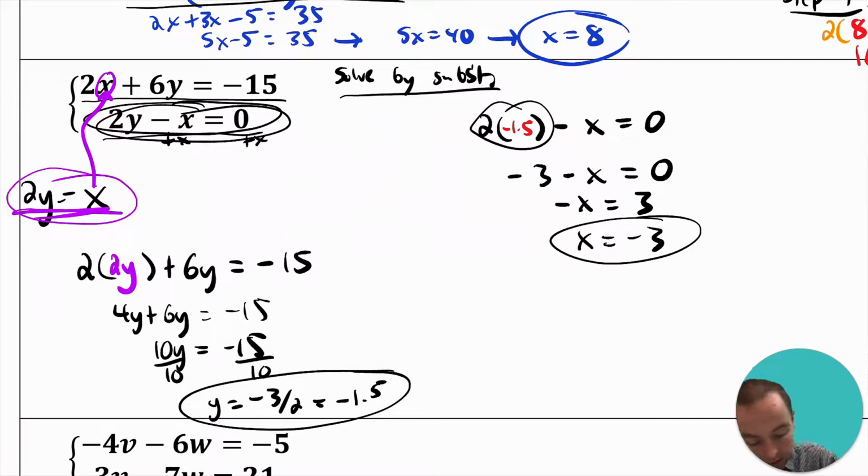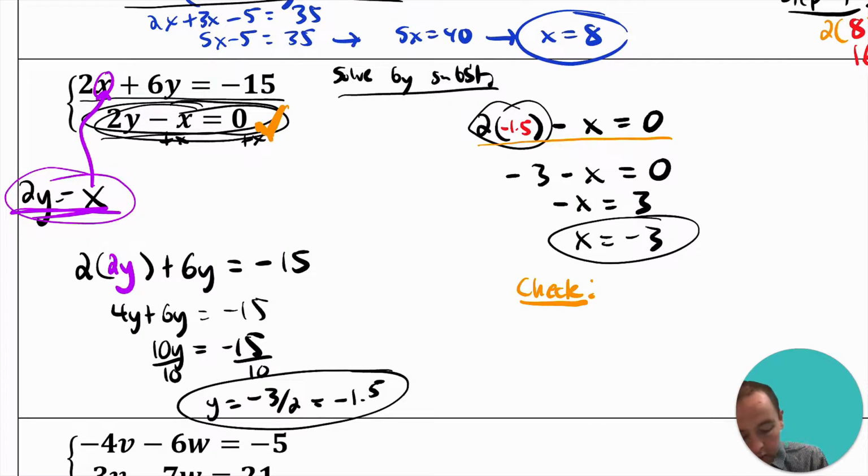The last part of this is just to check to make sure that we're good. Because we plugged in negative 1.5 into that second equation, where I put that check mark, we're good there. So really we just need to check the first equation, which we haven't plugged both x and y into. To check there, we want 2 times x plus 6 times y to equal negative 15.